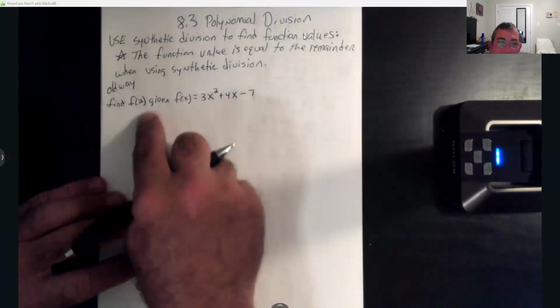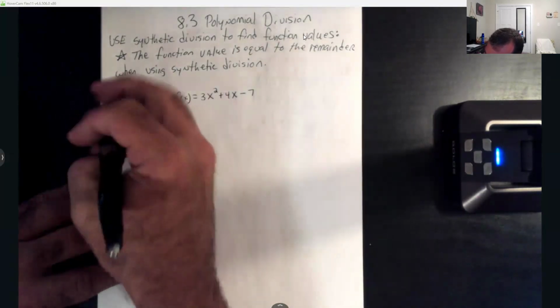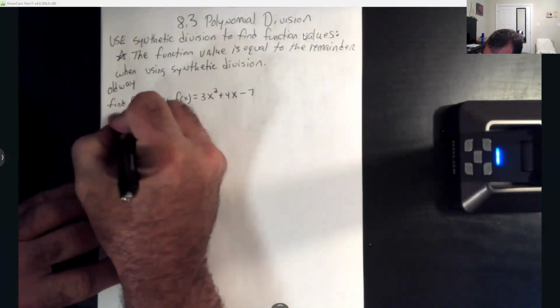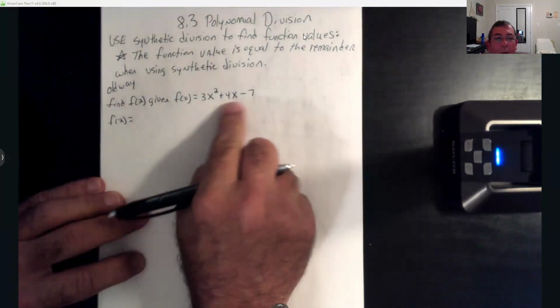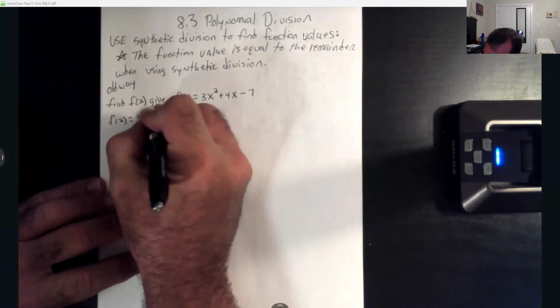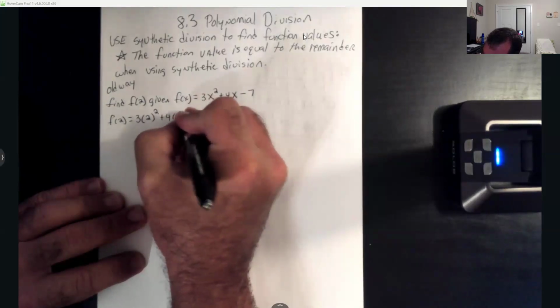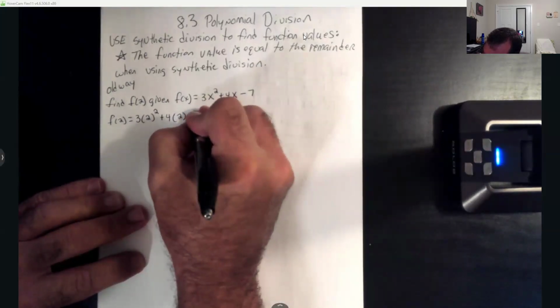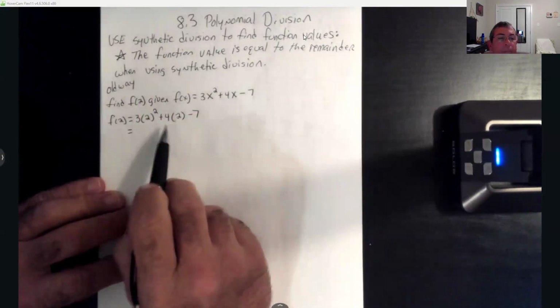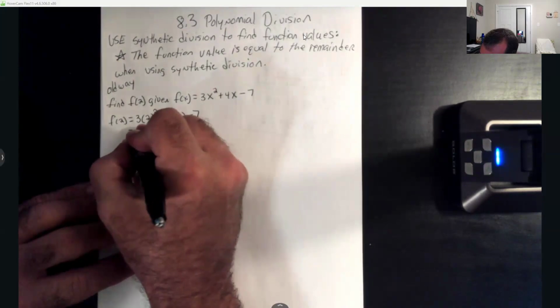So by hand, and we've been doing this all year. So to find f of 2, I'm going to put a 2 in for these x's. So y'all get 3 times 2 squared plus 4 times 2 minus 7. So notice, doing it this way, I got to follow the order of operations.